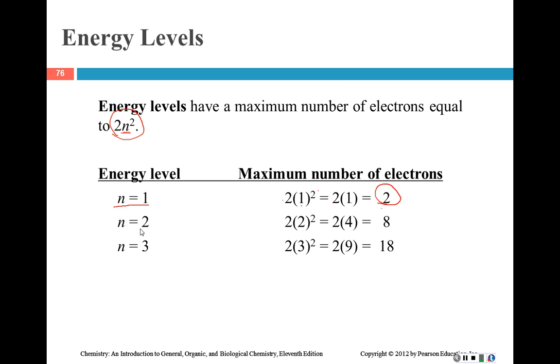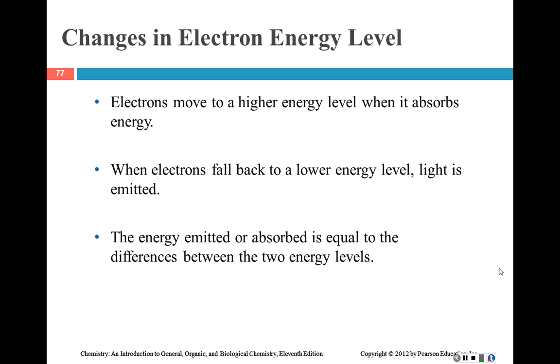In the second, n equals 2, it's 2 squared, which is 4, times 2, so the maximum you can have is 8. With 3, you can have 18, and so on. That's just a way of calculating the maximum number of electrons that you can have in an energy level.